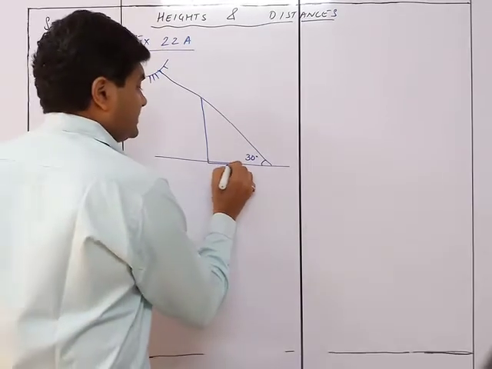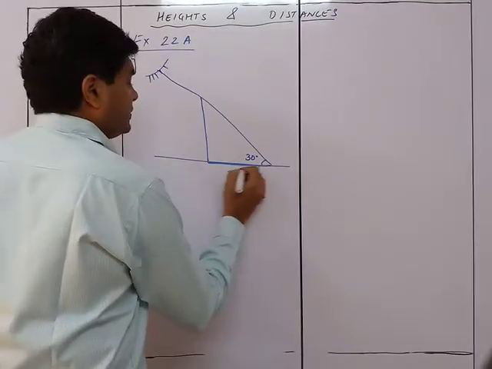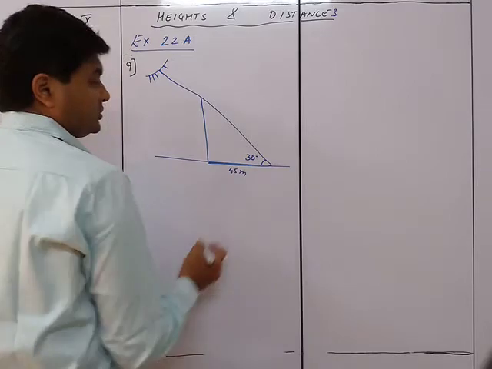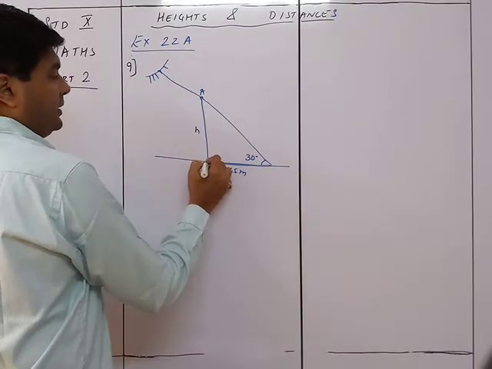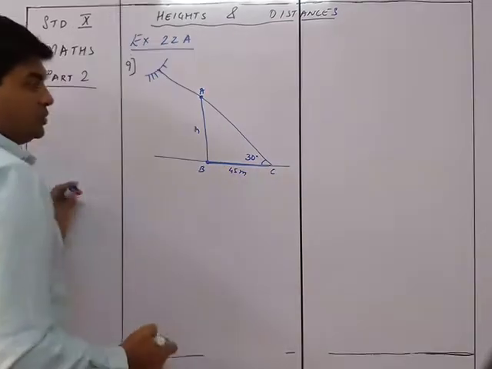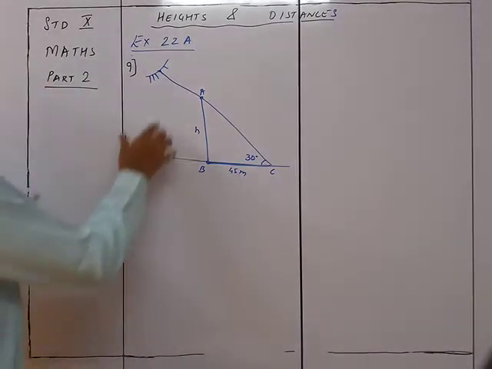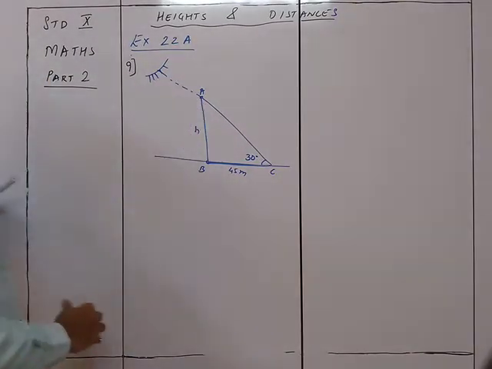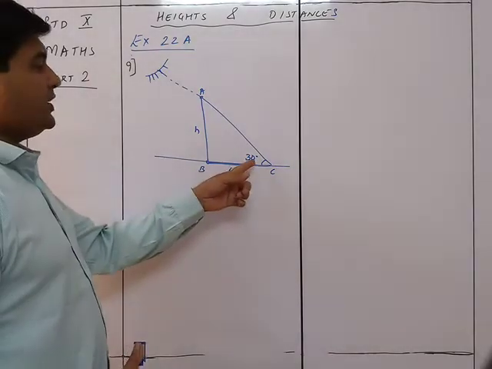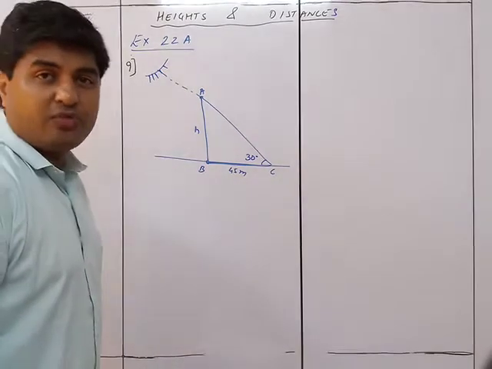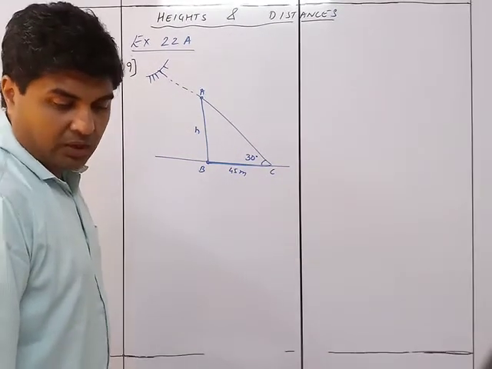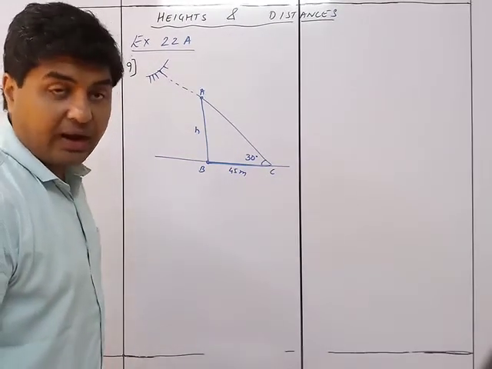So this distance over here is 45 meters. This is the height of the tower, that is A, B and C. This is what the figure is like. So sun is at an altitude of 30 degrees, then the shadow which will be formed is 45 meters. So we need to find out first the height of the tower.